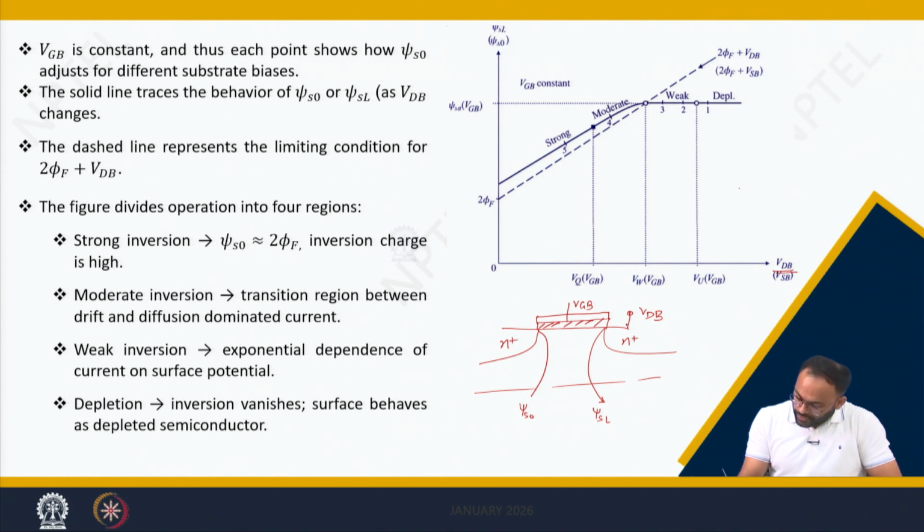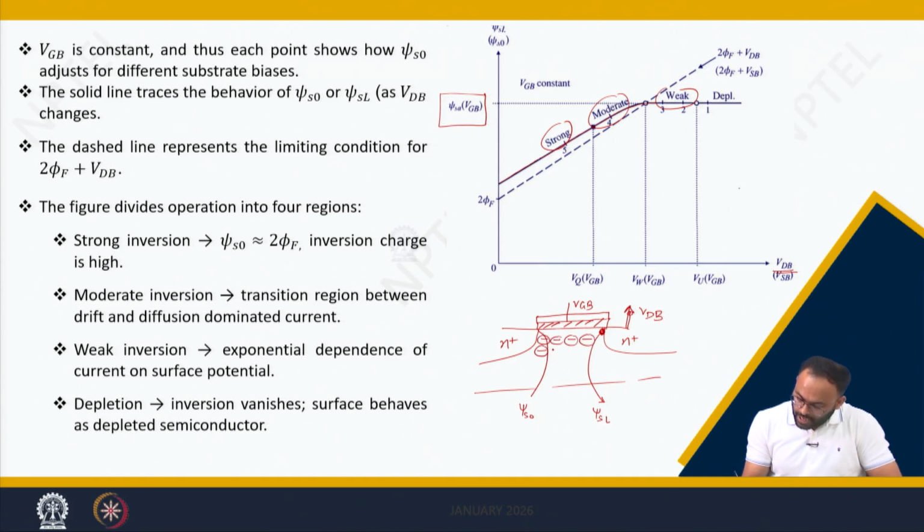If I increase the VDB value, I know that the inversion region at this edge will go from strong to moderate to weak. Ultimately, the surface potential increases and gets pinned to a maximum value of surface potential, that is psi SA. Why are we saying it is a maximum value? For example, you applied a VGB, then there is a depletion.